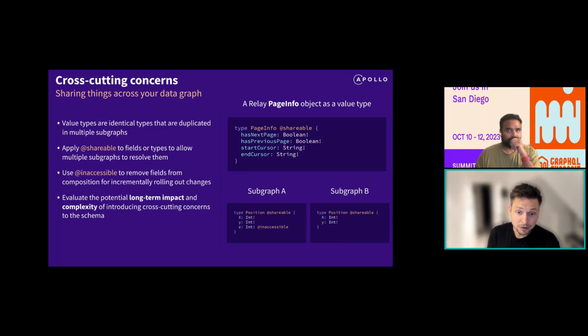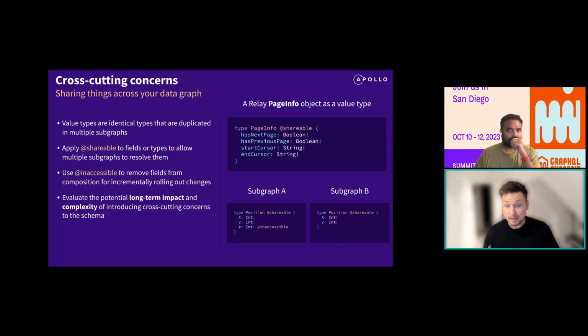The way that we can solve for that is by marking it as inaccessible. We're then able to remove that from the composed supergraph, making sure that when the query plan is in place, it can comfortably resolve the correct data from both subgraphs.